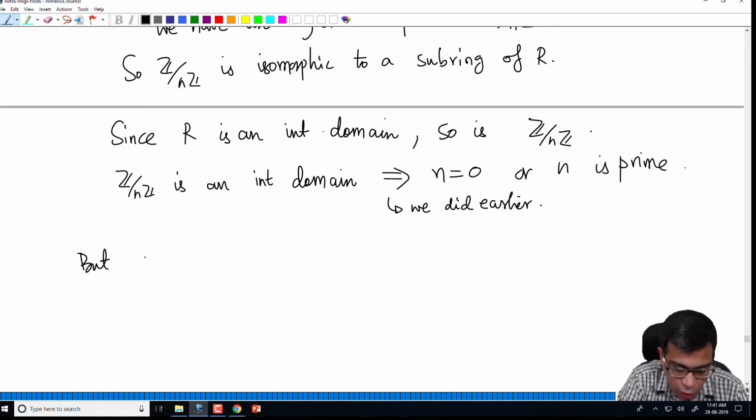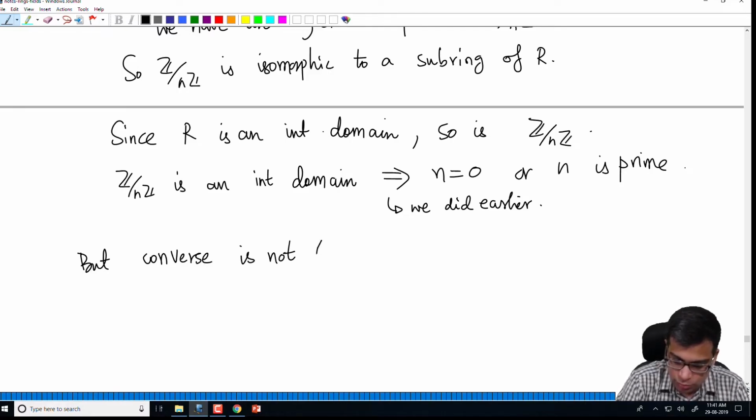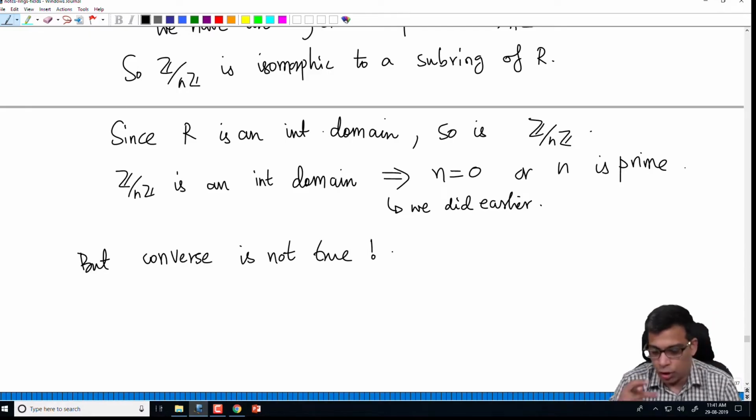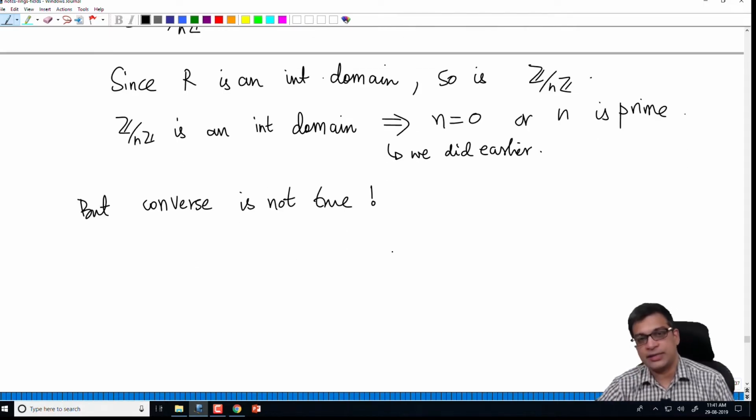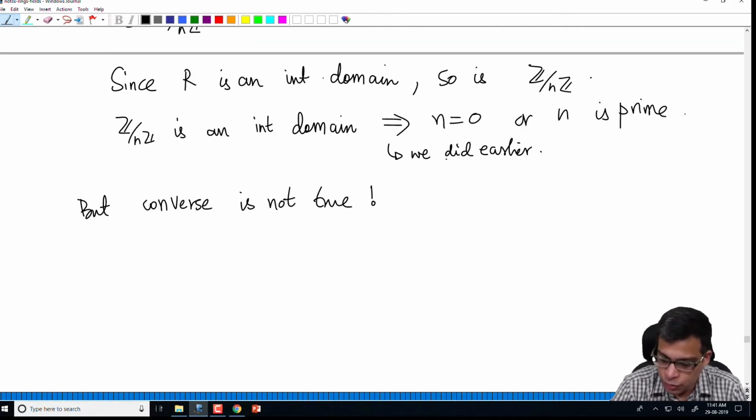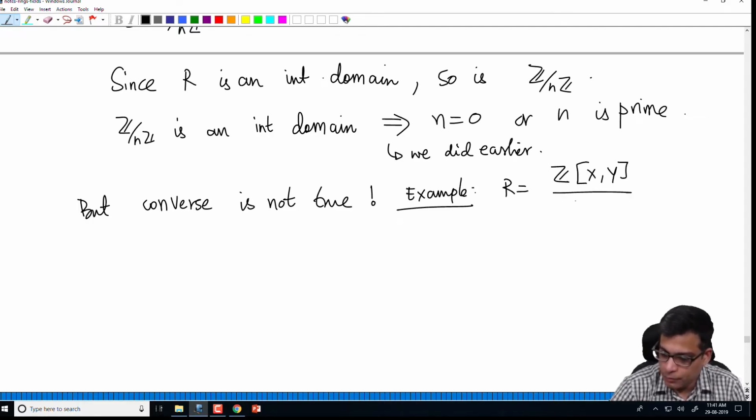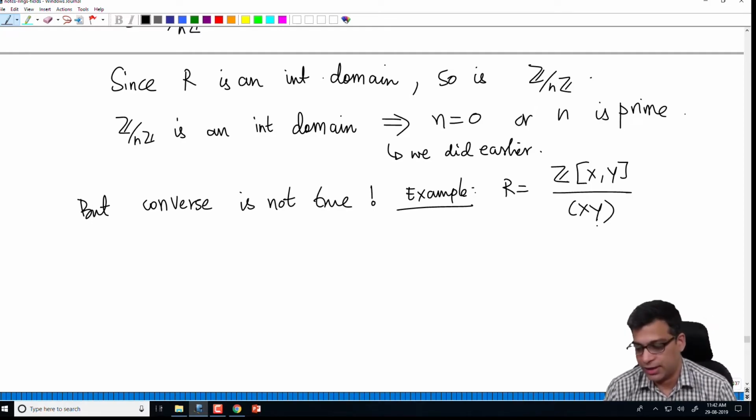So this solves it, right? But the converse is not true. What I mean is, if the characteristic is prime or the characteristic is 0, it need not be an integral domain. For example, consider R to be Z[x,y], modulo the polynomial xy.